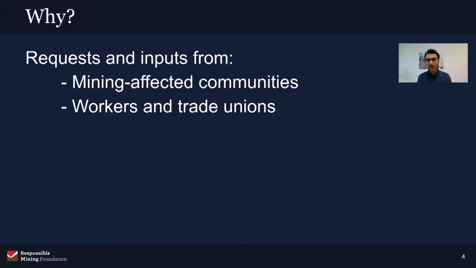And we had consulted and engaged with a very wide range and network of stakeholders, particularly on the ground, at the local level, sharing and engaging with mining affected communities, mine workers, labor unions.